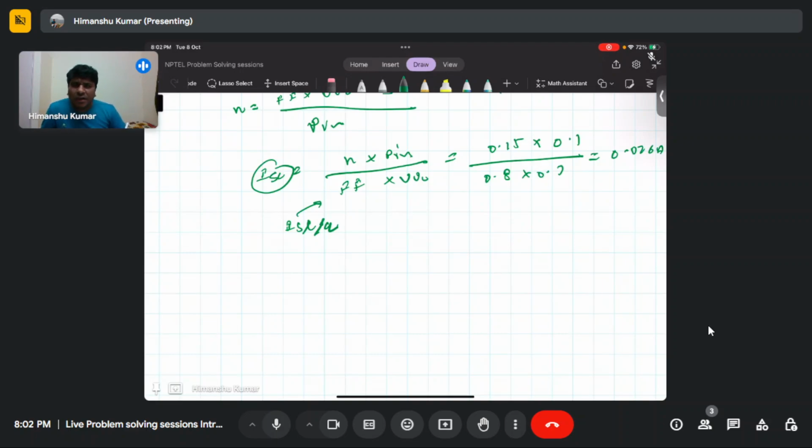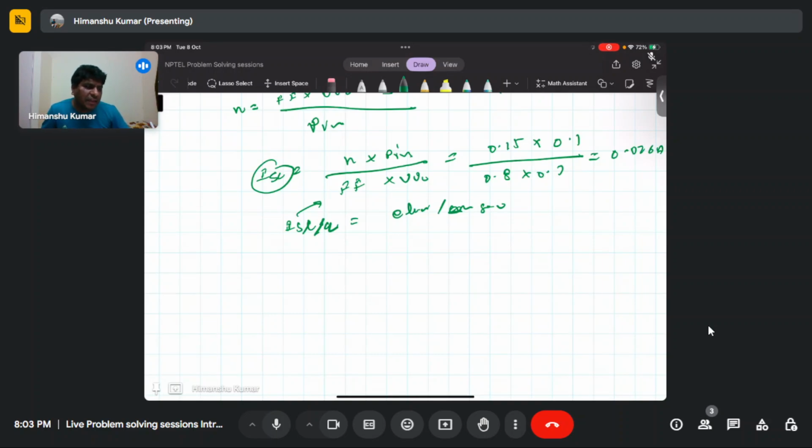the coulomb per second. So if you divide by the coulombic charge, electronic charge, then you will get number of electrons per centimeter cube per second. And if you divide by the volume, then you will get the carrier concentration.